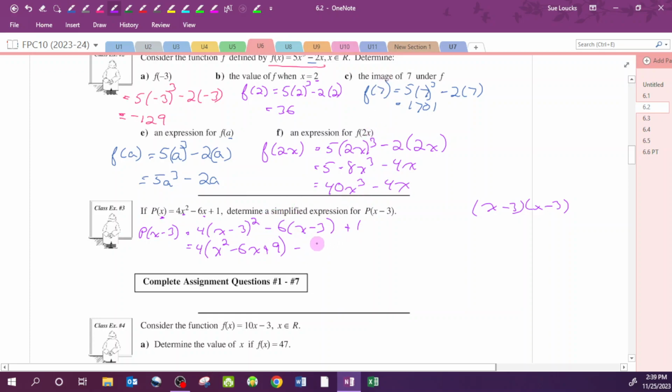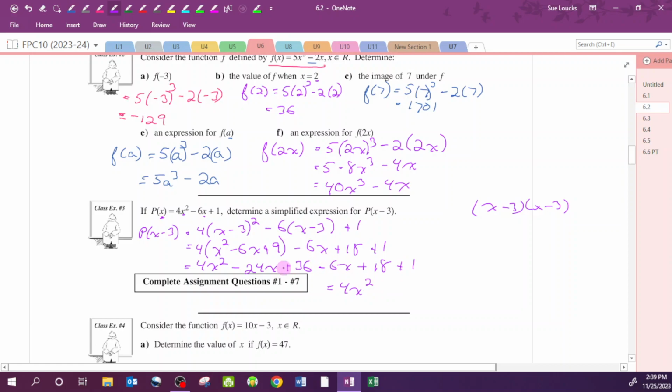And then minus 6x plus 18 plus 1, so 4x squared minus 24x plus 36 minus 6x plus 18 plus 1. And then collect all my like terms.